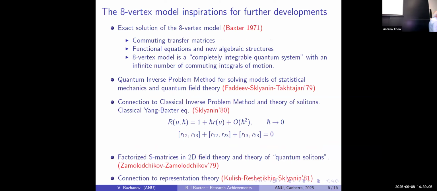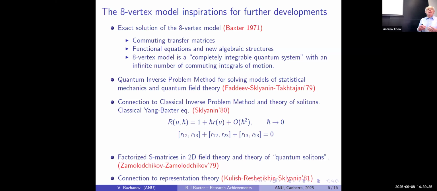But if we look more carefully from a mathematical point of view at what that solution contains, it contains the notion of a commuting family of transfer matrices and algebraic relations, the Yang-Baxter equation and similar equations which are responsible for commutativity of transfer matrices.